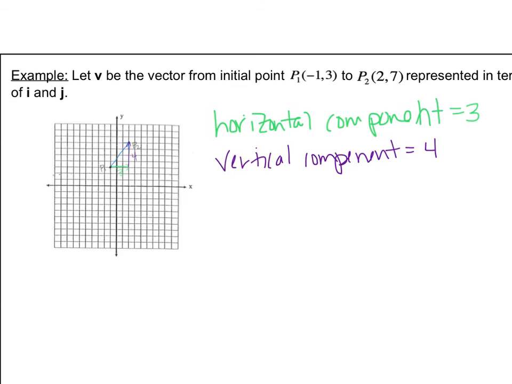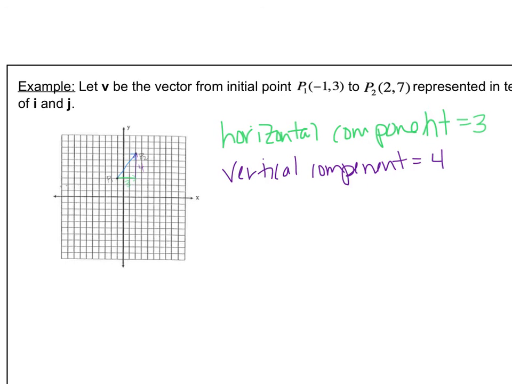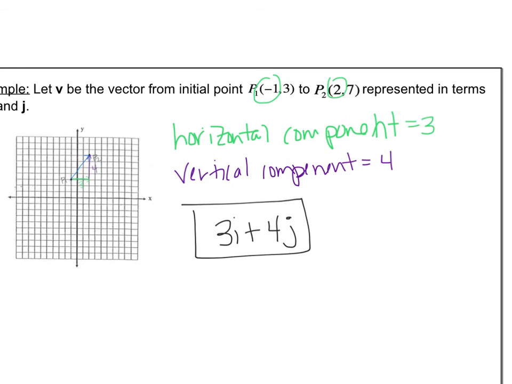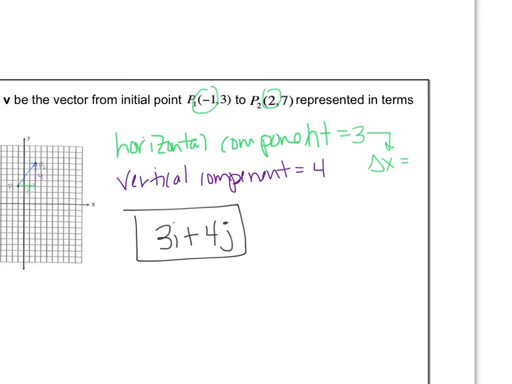So then the answer in component form is just putting those 2 together with the I and the J. So it'd be 3I plus 4J. And that's your answer in component form. The other way to do this is just to look at your points and think of the horizontal change as the change in x. So the horizontal component is just the change in x, which means I would do 2 minus -1.